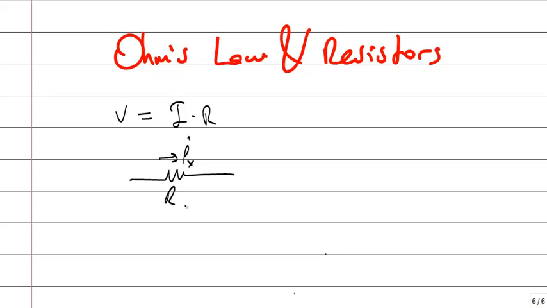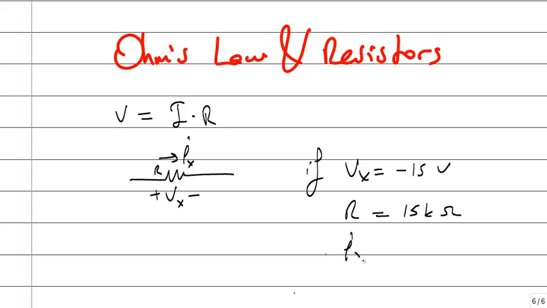Ix, this is R, and this is Vx. If Vx is minus 15 volts and R is 15 kilo ohms, what's Ix?